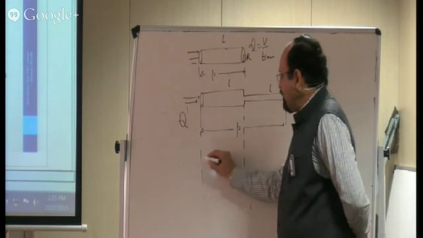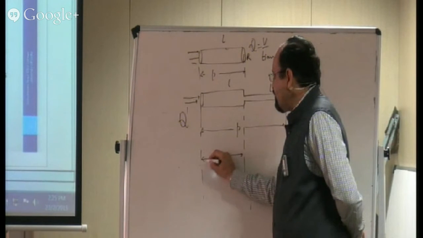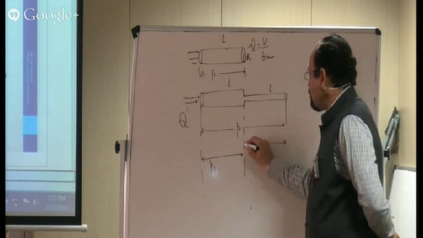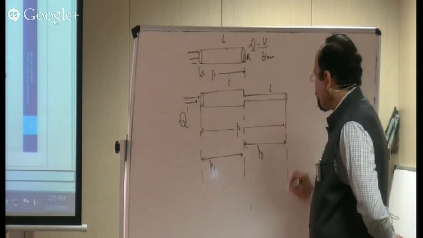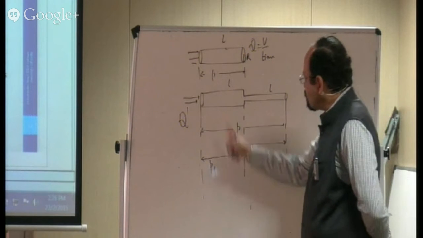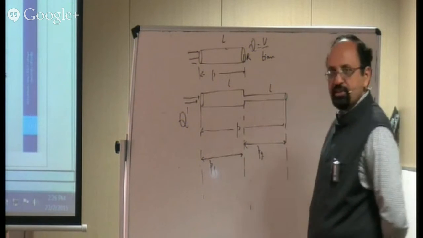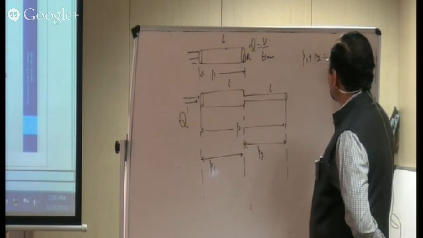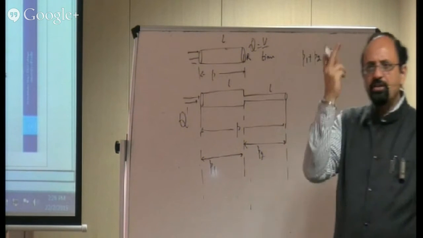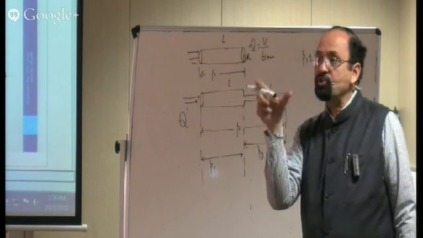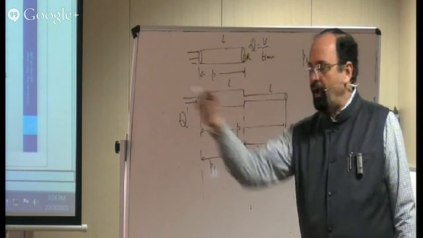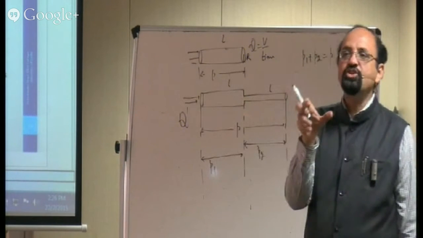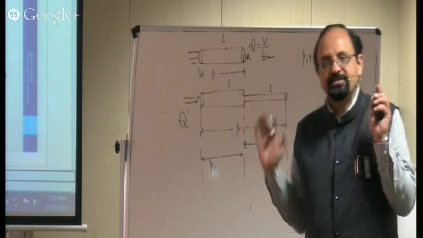But in series combination, if the pressure difference is P1 across one and P2 across the other, the sum P1 plus P2 is equal to P. How did I get this? If I have a series combination of resistors and current is same through that, the potential difference across one plus the potential difference across the other is the total potential difference. Agreed?